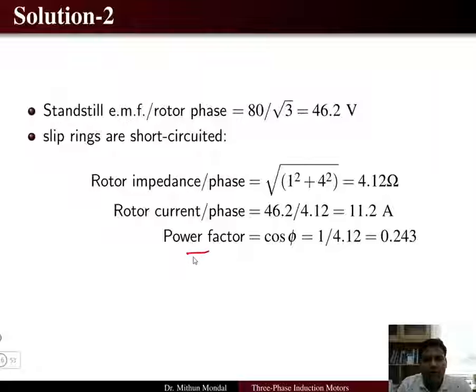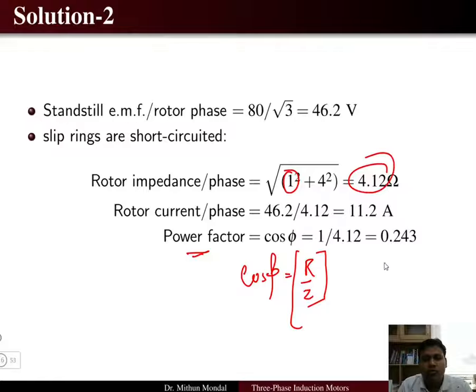Now the power factor, which is the cosine of the phase angle between the voltage and the current, we can calculate with the knowledge of the resistance and the impedance Z. Here the resistance is 1 and the impedance we have calculated as 4.12. So the power factor cos phi is equal to R by Z. We get 0.243.